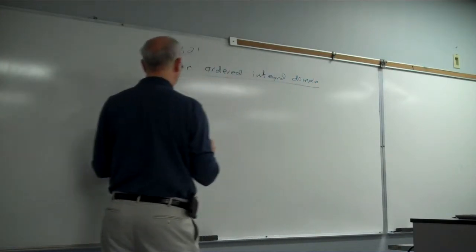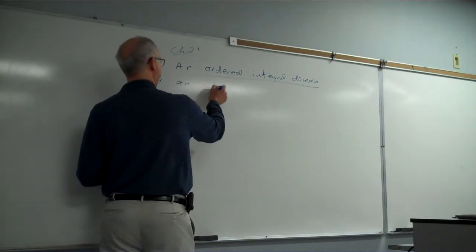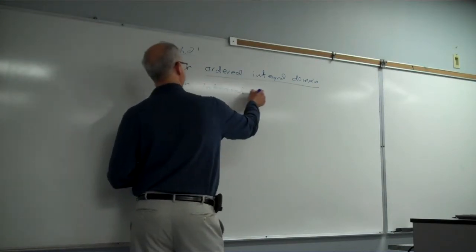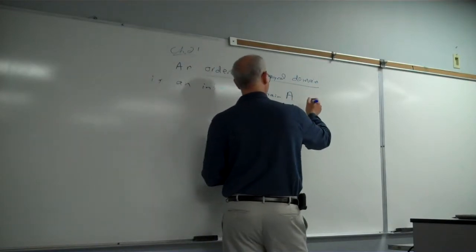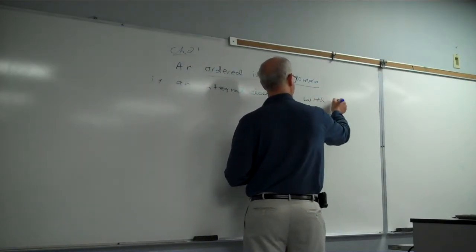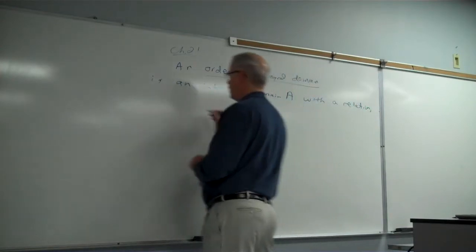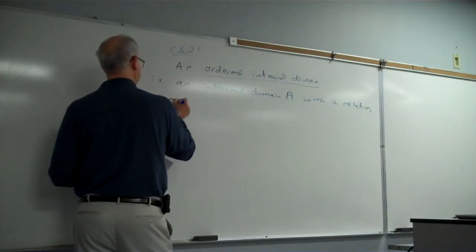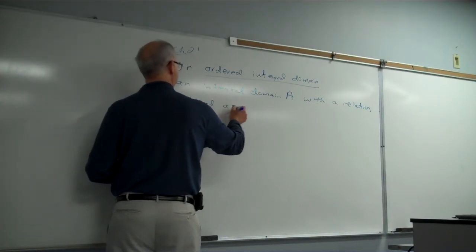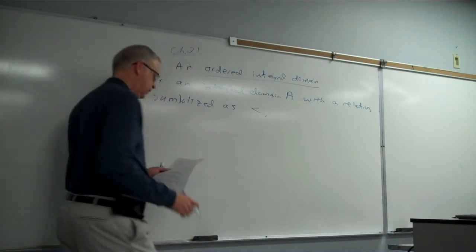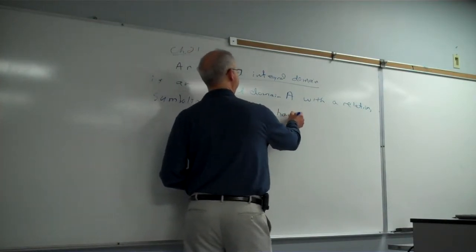So an ordered integral domain is an integral domain A with a relation we're going to symbolize as less than, having the following properties.